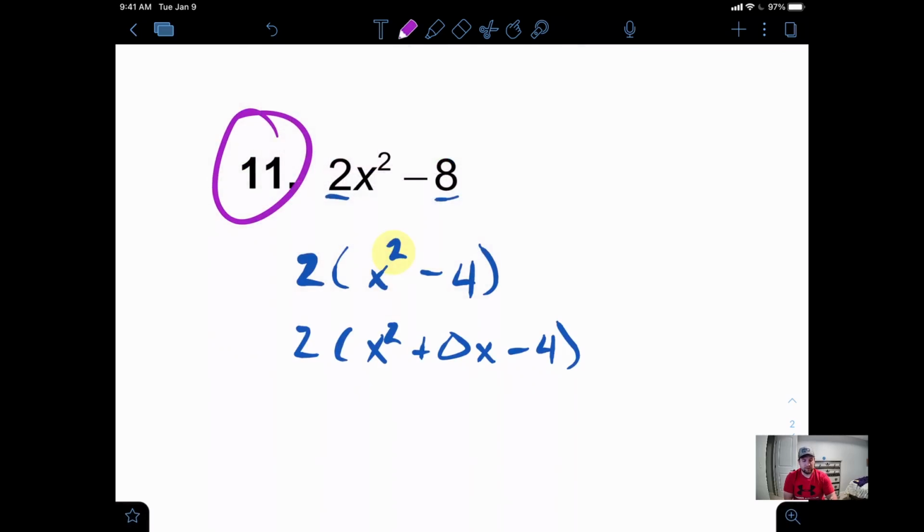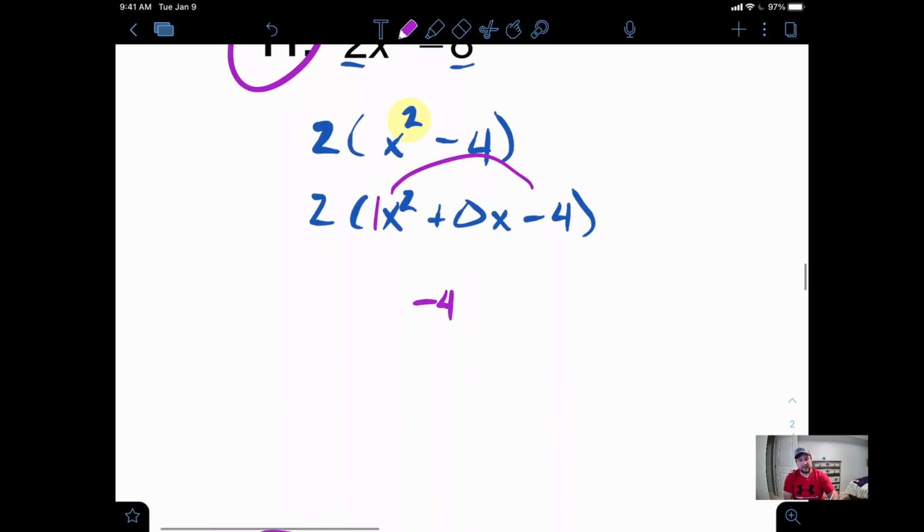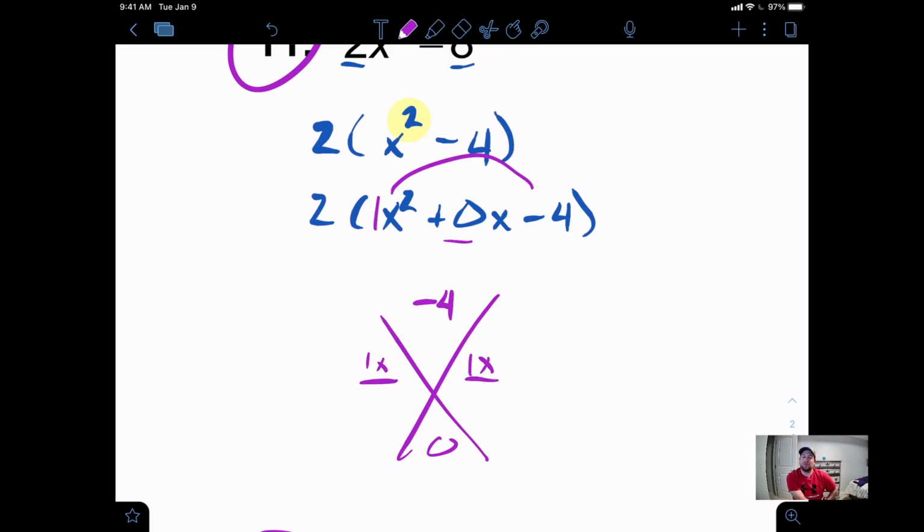So remember our a term is 1, so 1 times -4 means we'll put a -4 on top of our x. 0 is going to go on the bottom. On the side, I will have 1x over and 1x over. I just need two numbers that multiply to give us -4 that add to give us 0, which in this case would be a positive 2 and a -2.